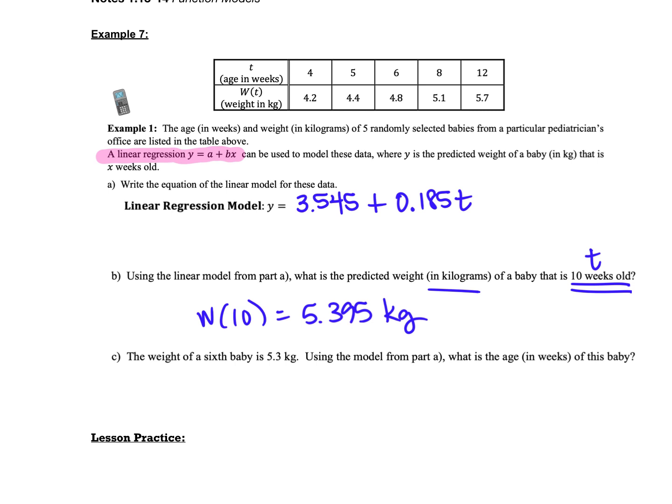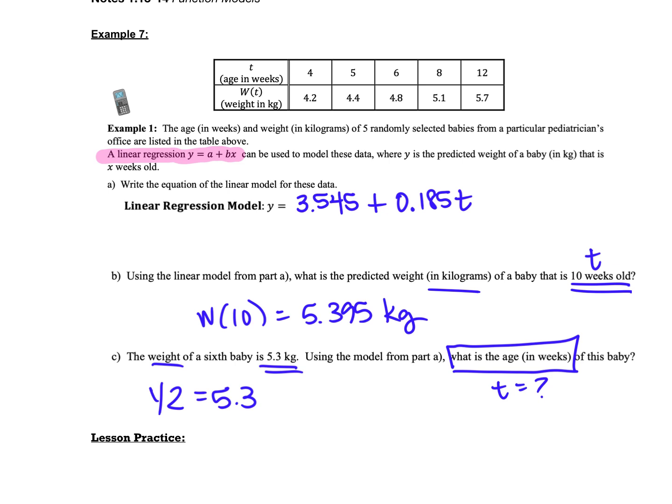But notice how the third question's a little bit different. This time it tells me that the weight of the 6th baby is 5.3. In other words, I want to figure out what t is. So a little different type of question. When that happens, we're going to put that value in Y2 and look for an intersection. Where do those two graphs cross each other?